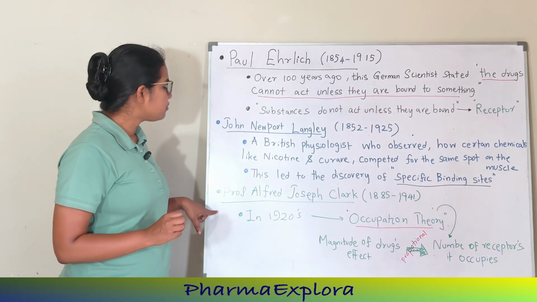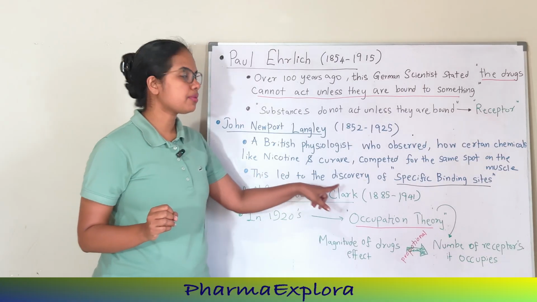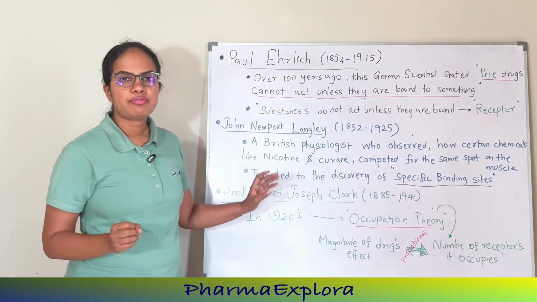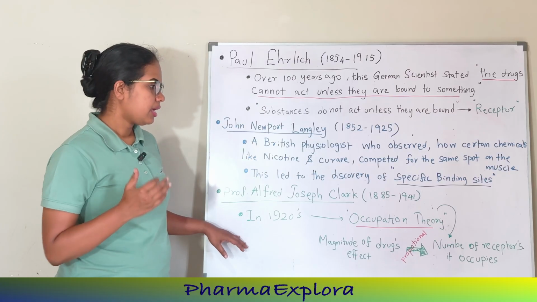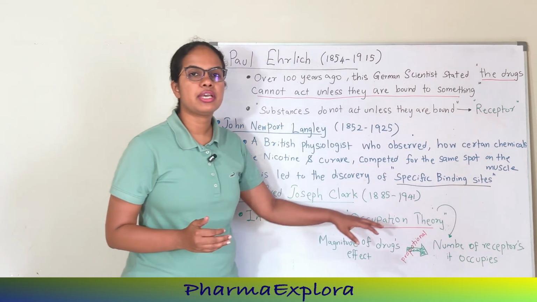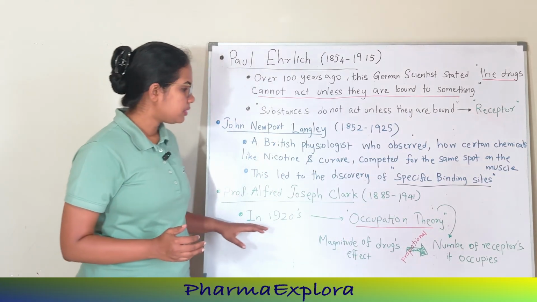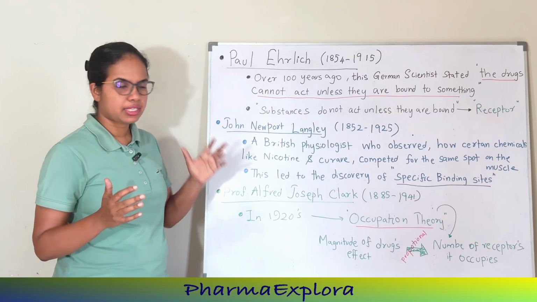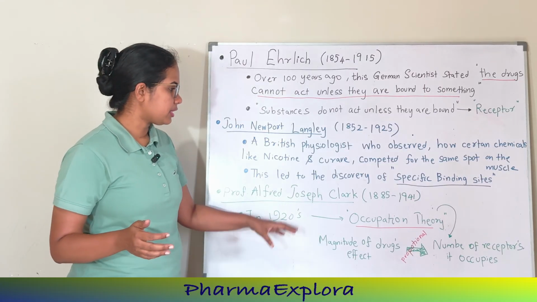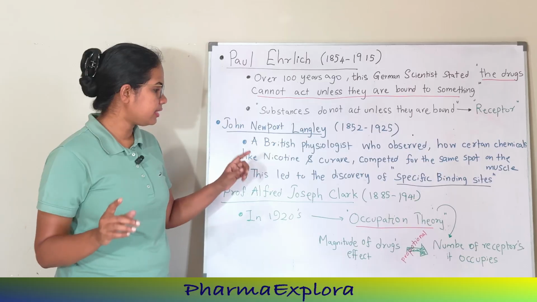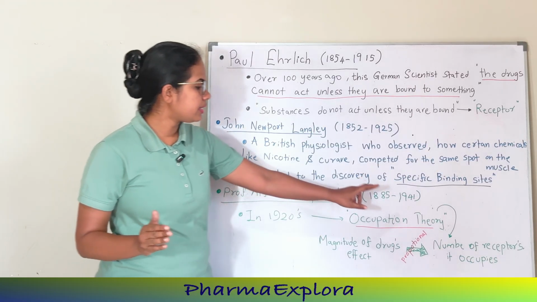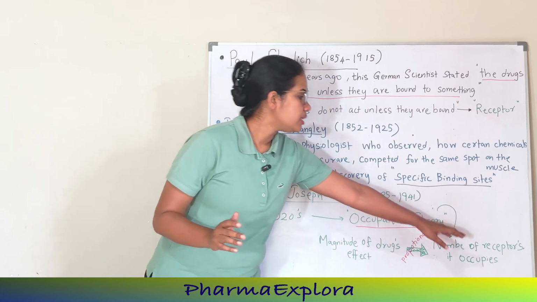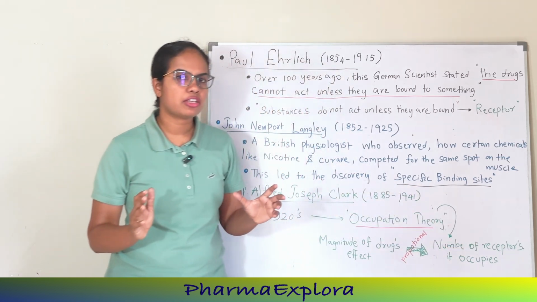Then comes the third one, Professor Alfred Joseph Clark. In the 1920s, he developed the theory called occupation theory. In this theory, he stated that the magnitude of the drug's response is directly proportional to the number of receptors it occupies.